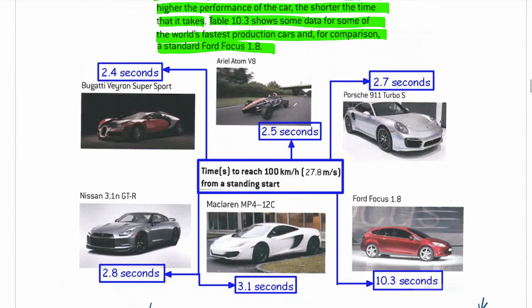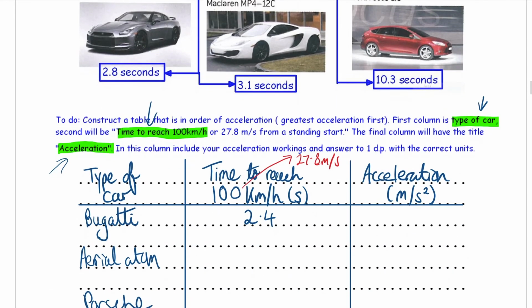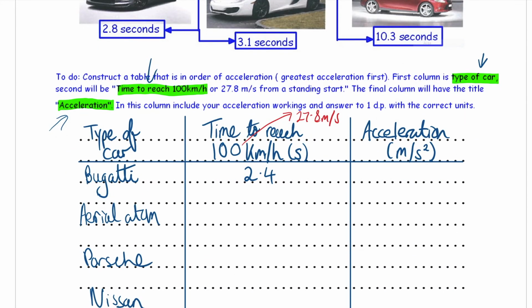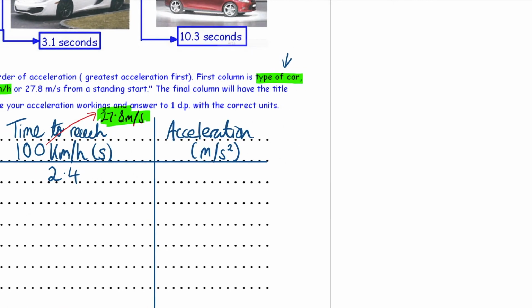Bugatti, we look up, takes 2.4 seconds. Notice I've put at the top here, time to reach 100 kilometers per hour, but it's 27.8 meters per second. That's more important because we don't work in kilometers or hours, we work in meters and seconds. I'm going to do my workings out to the side.